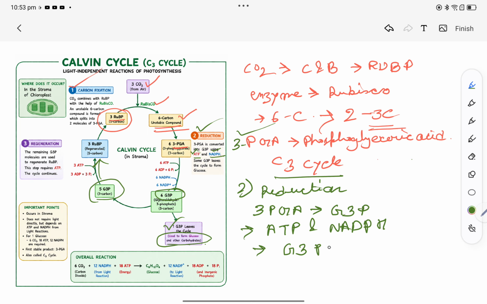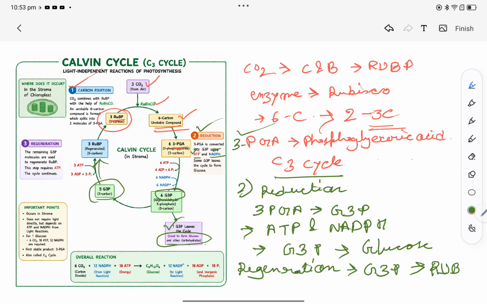Some G3P is used to make glucose, and the remaining G3P is used in the next step, that is regeneration. G3P regenerates RuBP, and again the cycle continues.